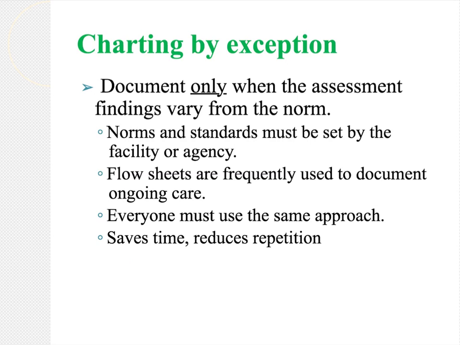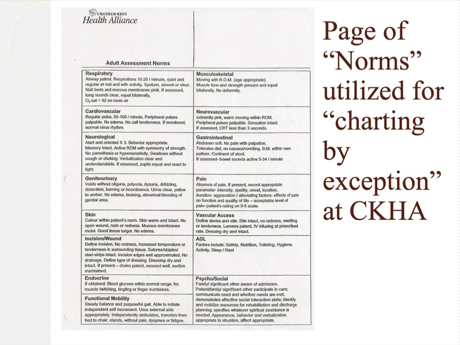If there is any one thing that is not the same as what is normal, then you would chart within normal limits except, and then you go into detail on what the exception is. Is their breathing rate faster than normal? Do they have edema in their lower extremities? So charting by exception helps to save time by reducing repetition, and the whole facility has to use that same approach. Actually, that's for any style of documentation. It's mandated by the facility.